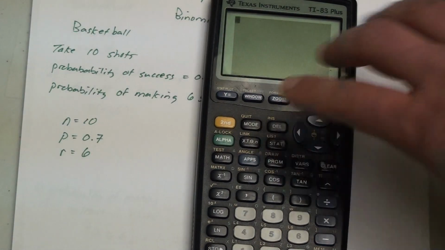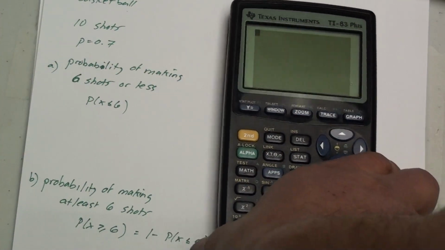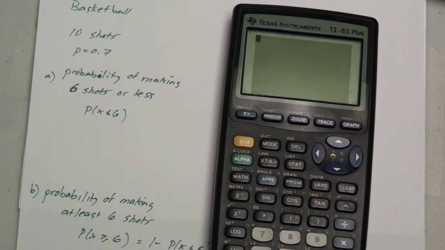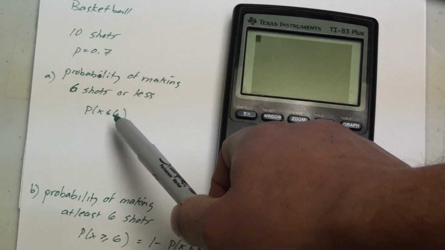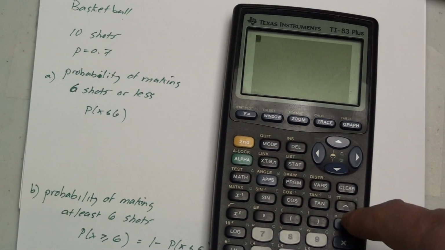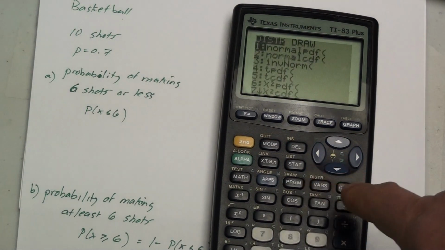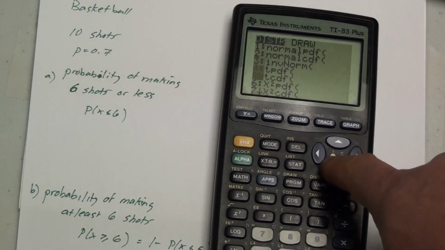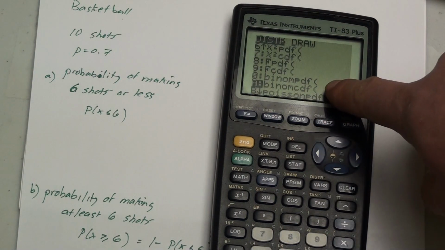Now for a new scenario, the probability of me making 6 shots or less. Here I have a cumulative probability, where I have the probability of making 0, 1, 2, 3, 4, 5, and 6. I do the same thing: second, distribution, and scroll down. This time, because it's cumulative, it'd be Binomial CDF, which is the one right below.